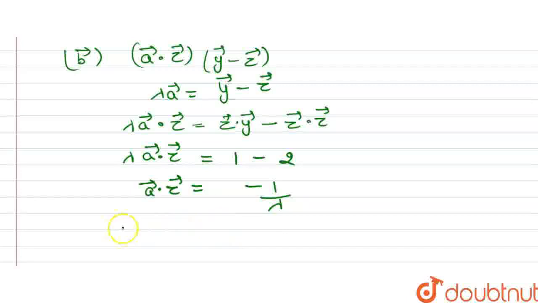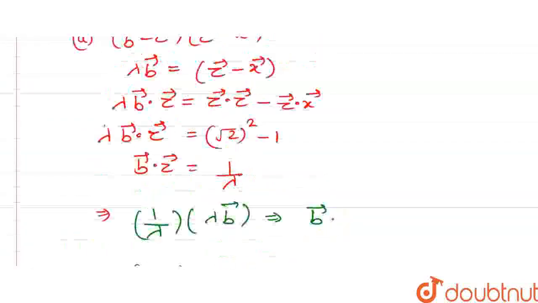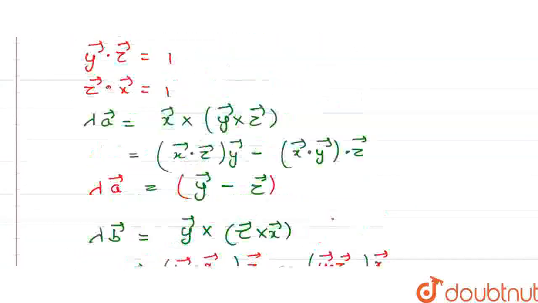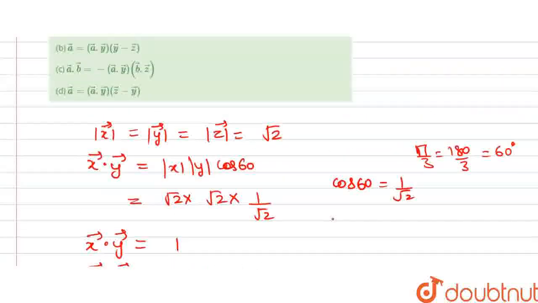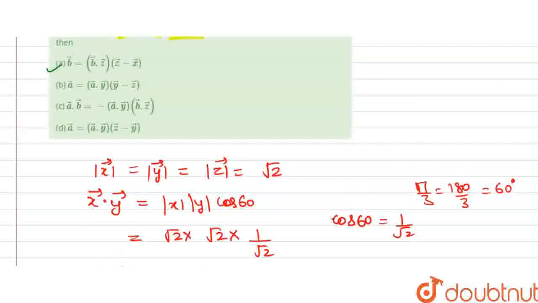So put this in our equation B. So we get here minus 1 divided by lambda and this is equal to lambda a. So we get here minus a. So we check whether this is true or incorrect. So this is equal to a vector. So it is wrong here as we get minus a vector here.